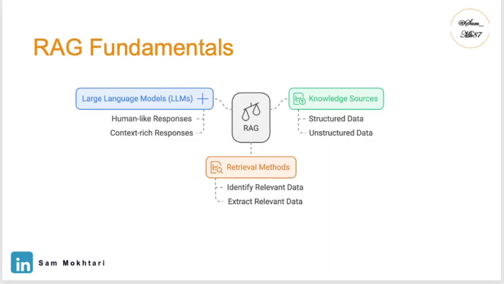RAG, as I mentioned, is a blend of two complementary forces, which are the retrieval part and the generation part. Usually we have a large language model like GPT, which brings the ability to generate natural, insightful responses through the generator element.